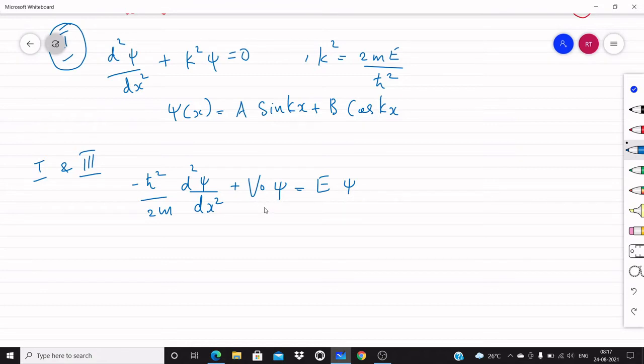Now let us go for the possible solutions. To consider the solutions, first let us take the availability of the particle's energy. Say the particle has an energy E less than V0.